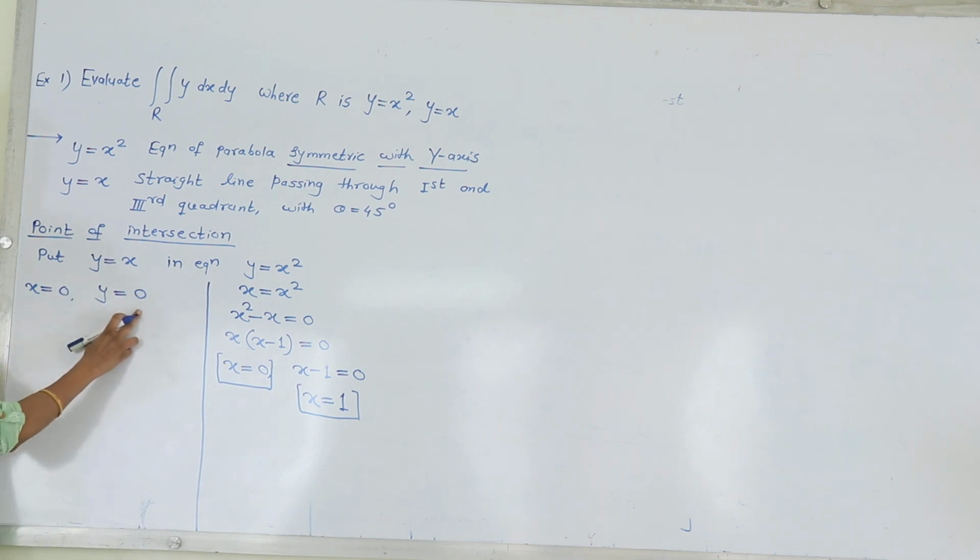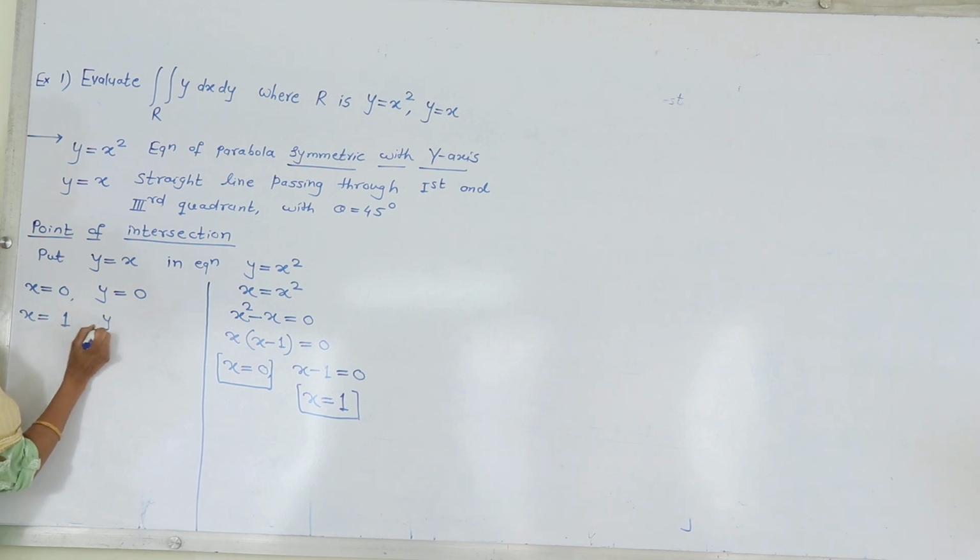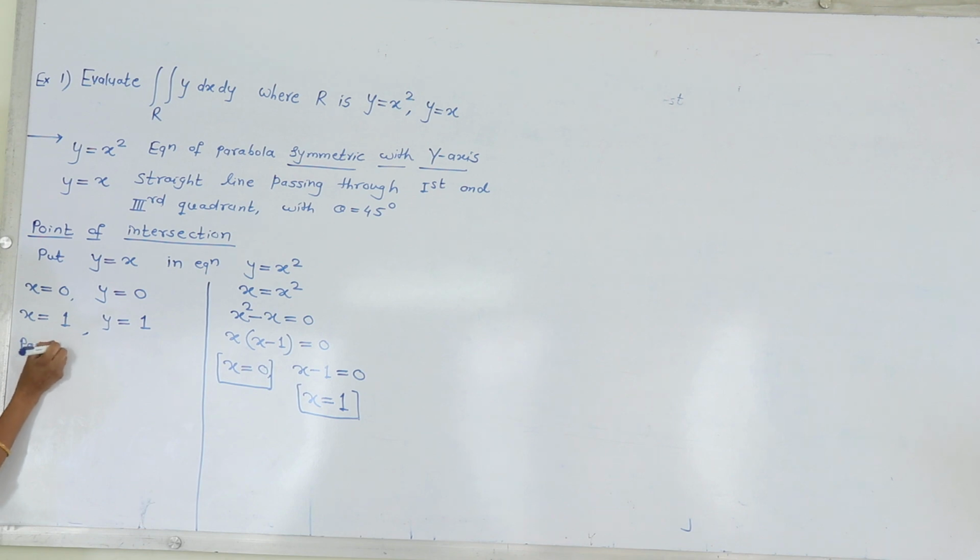X is 0 and y is 0. When x is equal to 1, put in y is equal to x, the value is 1, therefore y is also 1. That means the points of intersection are: first coordinate x is 0, y is 0; second coordinate x is equal to 1 and y is equal to 1.